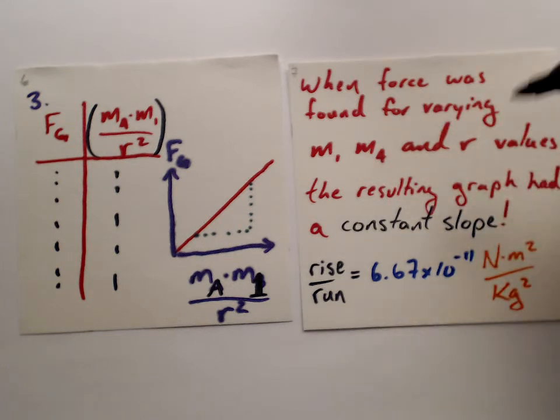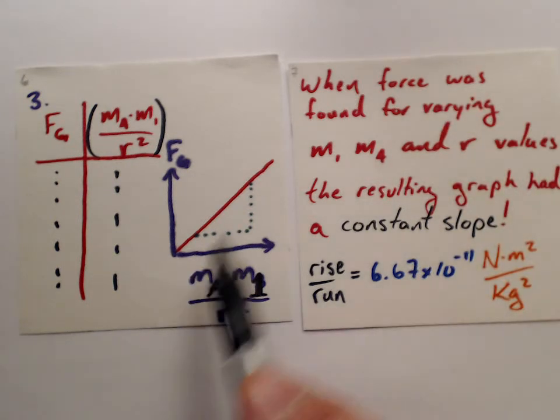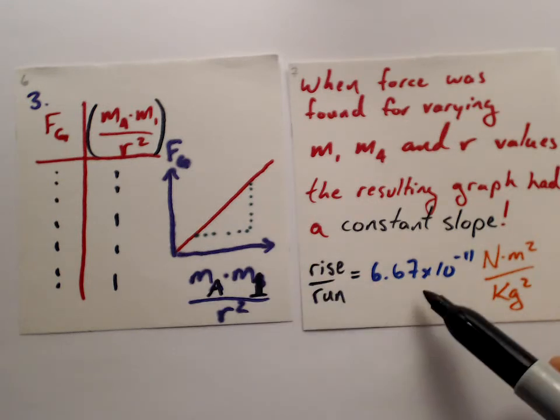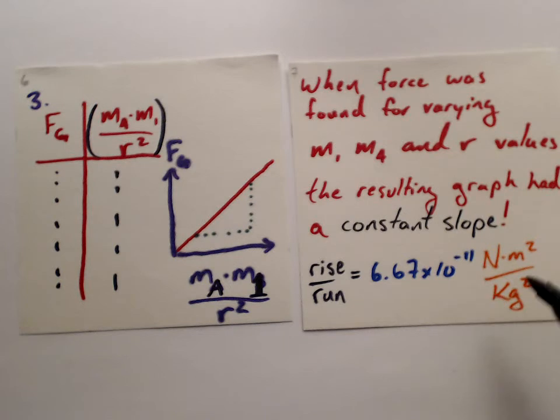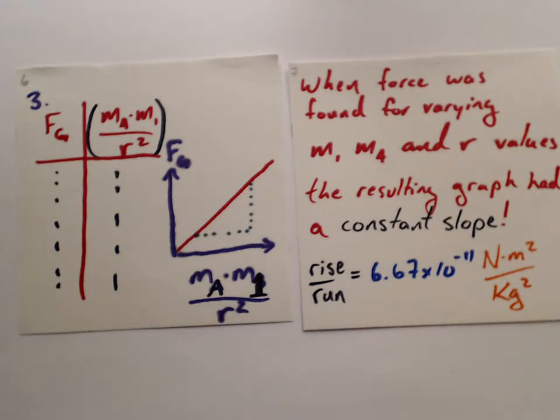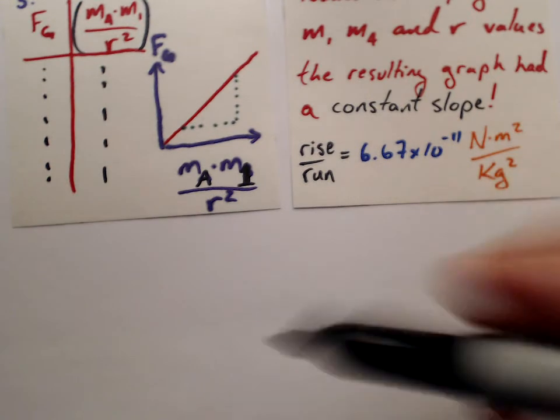That's what linear means, always constant. We get a rise over run value of 6.67 times 10 to the power of negative 11 Newton meters squared per kilogram squared. And if this is the relationship that you get for every combination of mass A, mass 1, and r squared values, let's just think for a minute about that.